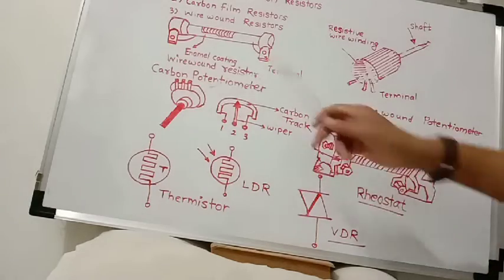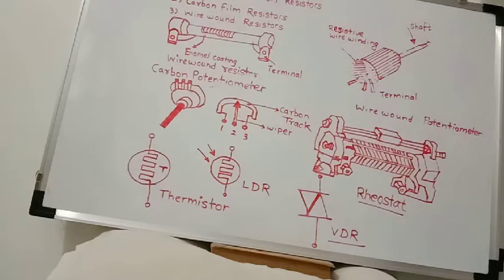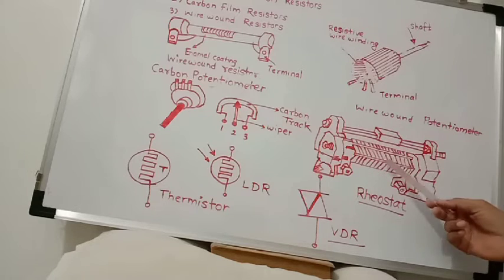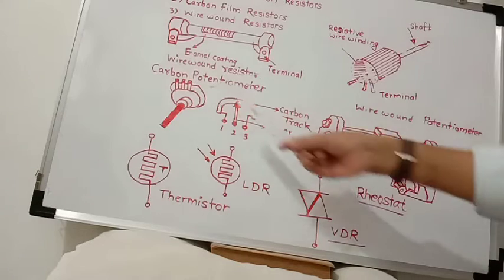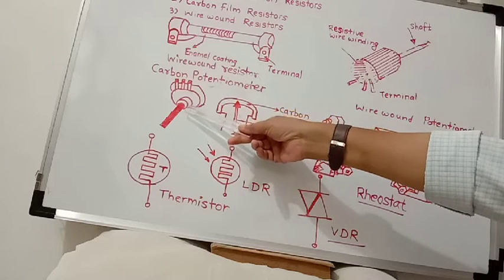Variable resistors are also called potentiometers. Small variable resistors are called potentiometers, whereas a big variable resistor is called a rheostat.